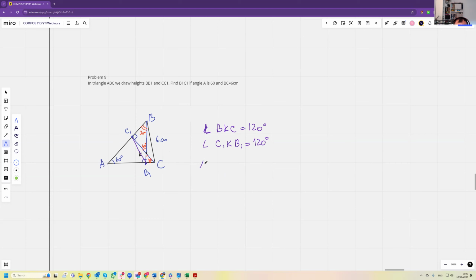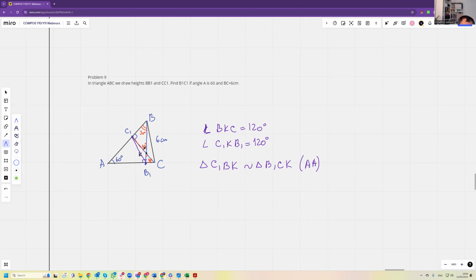Interesting. Triangle C1BK is similar to triangle B1CK by angle. Does everyone see that? The triangle C1BK is similar to triangle B1CK by angle because it's 30, 60, 90. They're both 30, 60, 90 triangles.